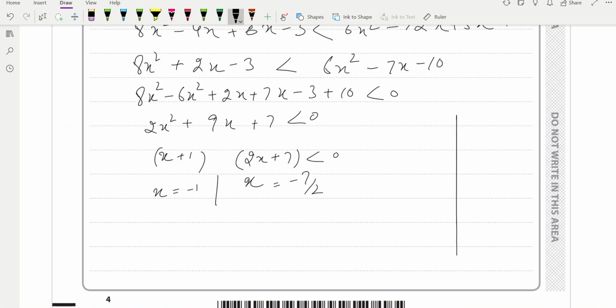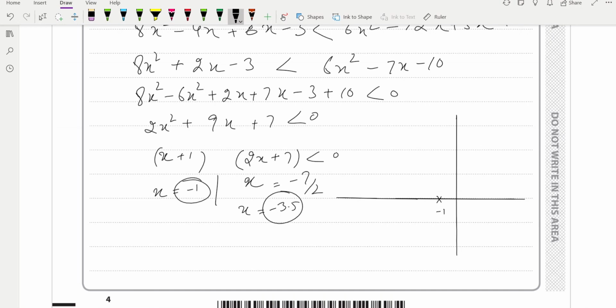If we roughly draw a quadratic graph like this one over here, the x-intercepts can be minus 1 and minus 3.5, so we will check for these two x-intercepts. So minus 1 is over here, and minus 3.5, we can extend this line a little bit, so I'll try to extend at the proper location.